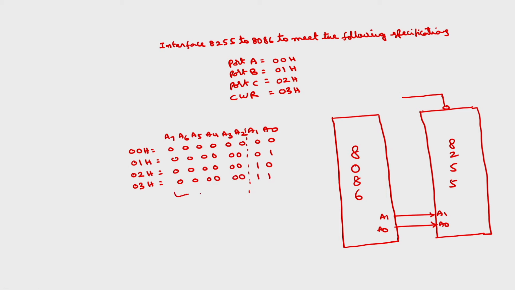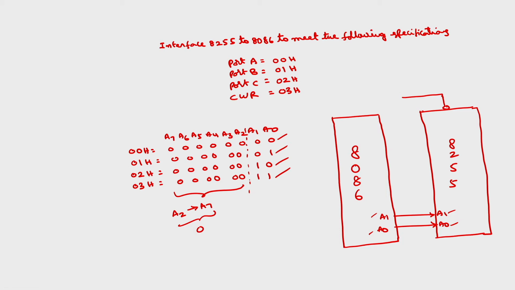You see here, for all these combinations, A2 to A7 are all zeros, whereas A1 A0 changes. This is 00 for port A, 01 for port B, 10 for port C, and 11 for the control word.